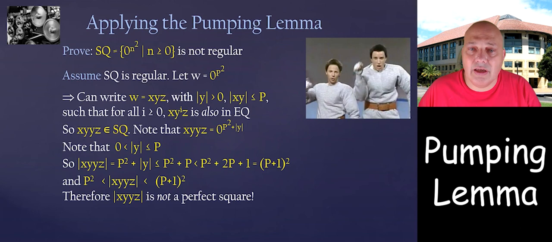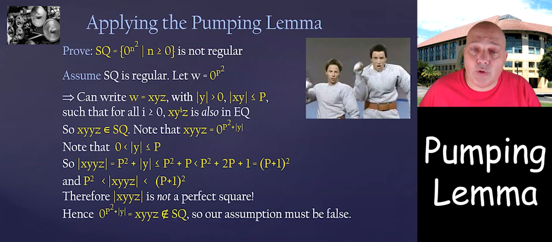And therefore it's not a perfect square, and we reach the contradiction. Although the pumping lemma tells us that it's in SQ, we show that it's not in SQ, and therefore our assumption that SQ is regular must be false.